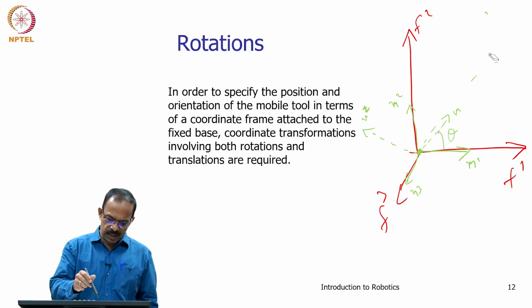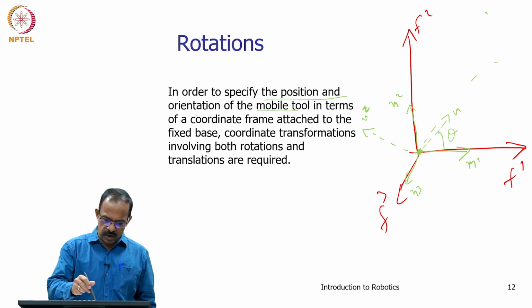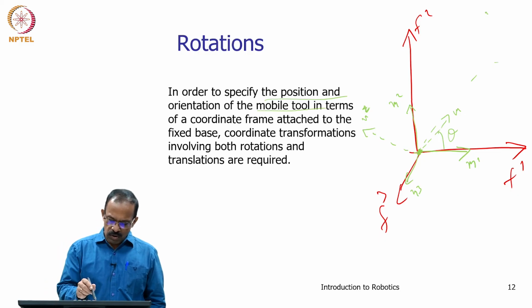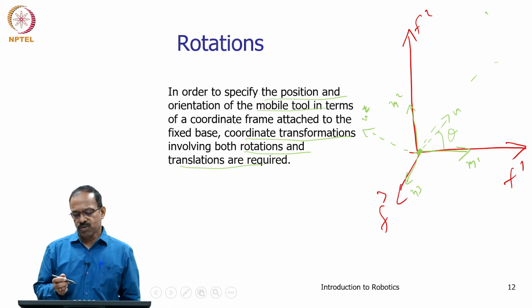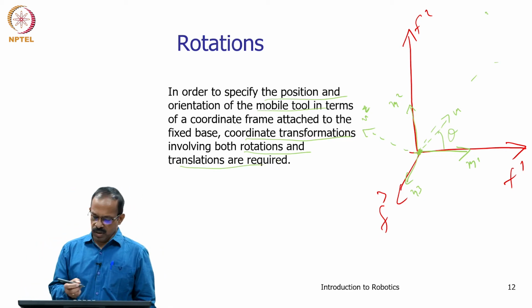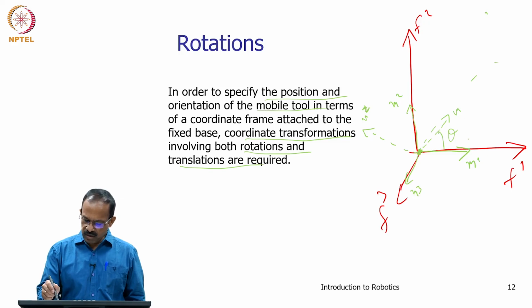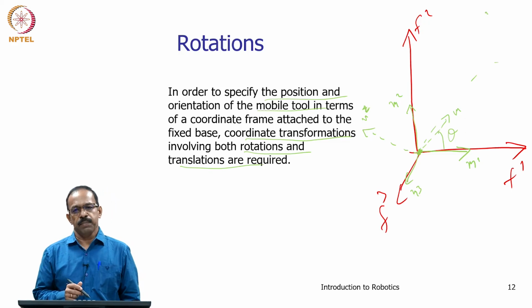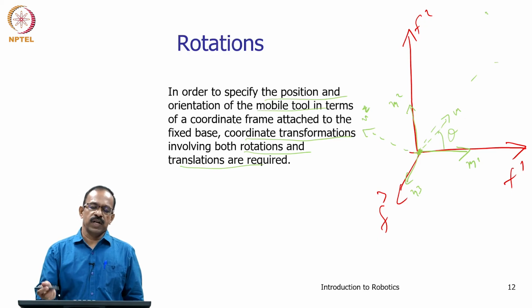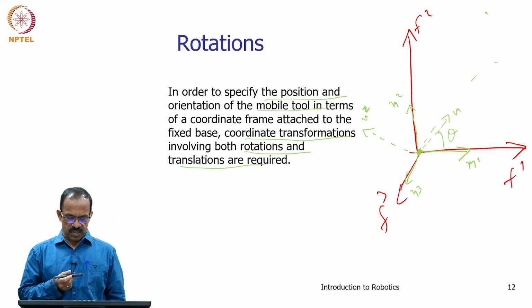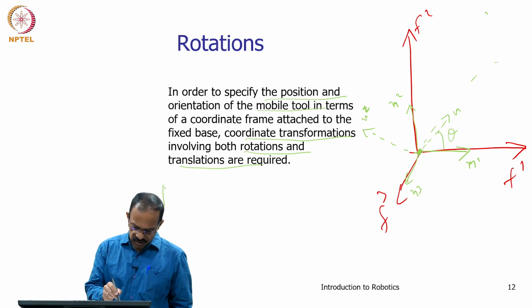We want to specify the position and orientation of the mobile tool in terms of the coordinate frame attached to it. Normally the transformations involve both rotation and translation. First we consider the rotation alone, that is, this mobile frame has rotated by an angle theta with respect to the fixed frame, and we want to find out the transformation matrix.